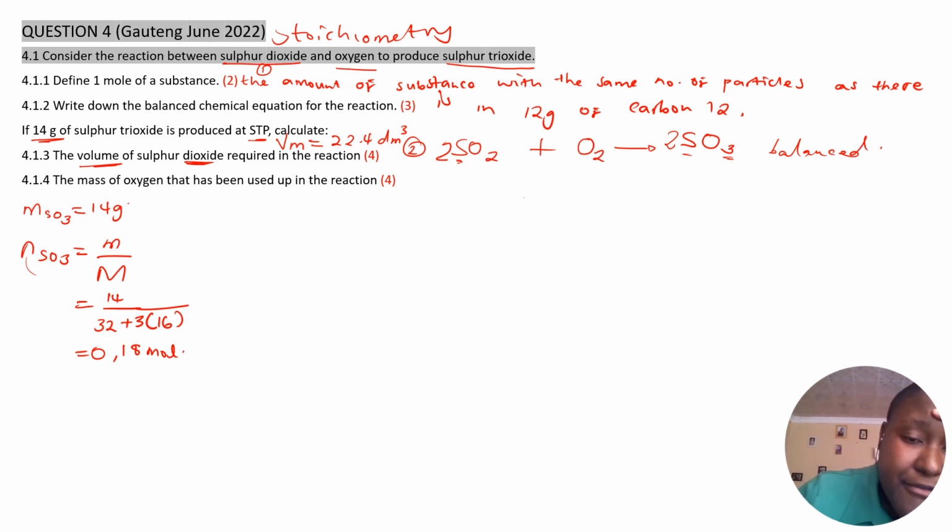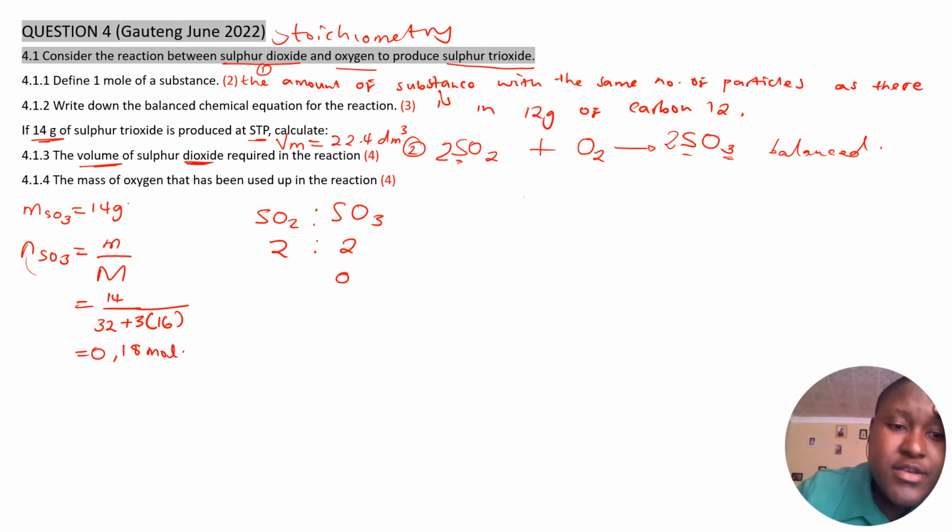So you have SO2 is to SO3. The ratios are 2:2, and so they're equal. Whatever the number of moles of sulfur trioxide is going to be, it is going to be the same for sulfur dioxide.